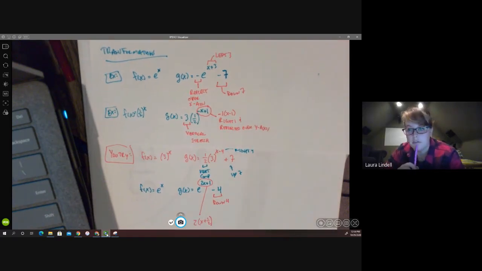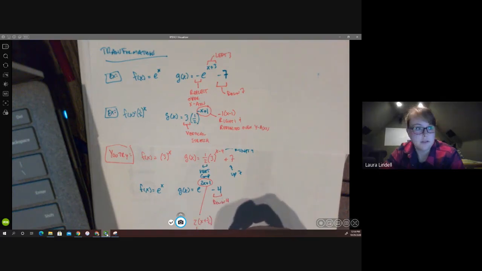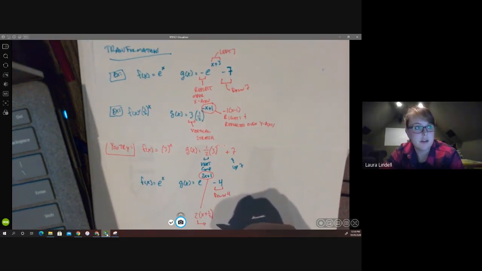Does it help if we factor out the 2 there? That gives us 2x plus 1/2. Is this going to be vertical or horizontal that we're dealing with here? And then is it compression or stretching? What do we think?